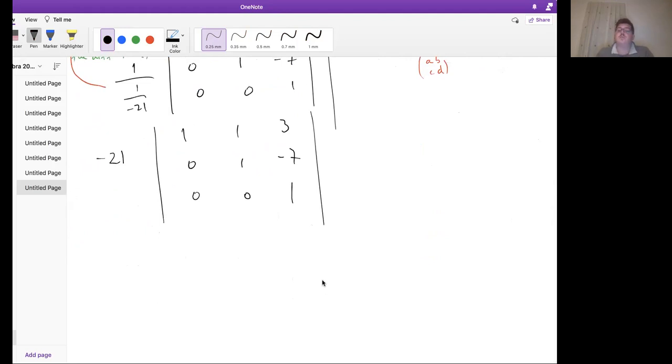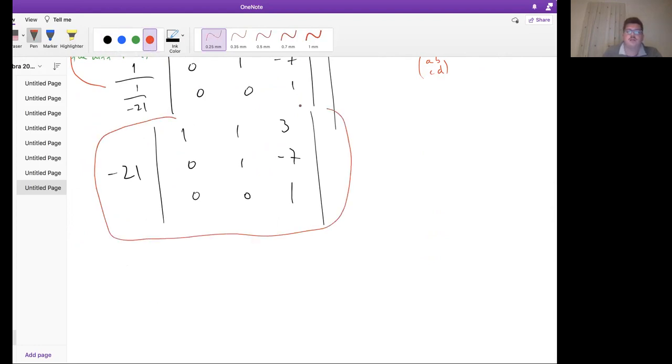I think you can tell me, what is the determinant of that matrix? I think we all know that, actually. Without the negative 21, what's the determinant of that matrix?